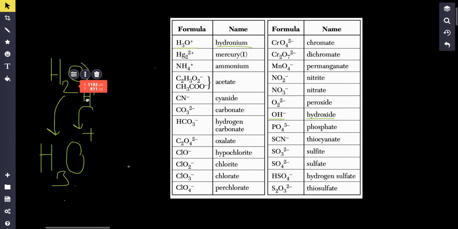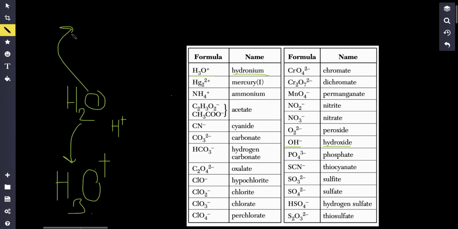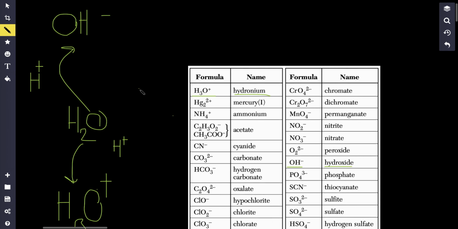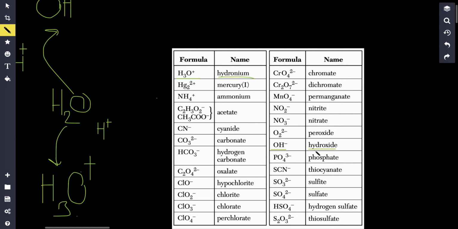Likewise, if H2O loses a hydrogen ion, it also loses the positive charge. If you're losing positive charges, you're becoming negative. So this is actually going to be the OH- ion, the hydroxide anion.